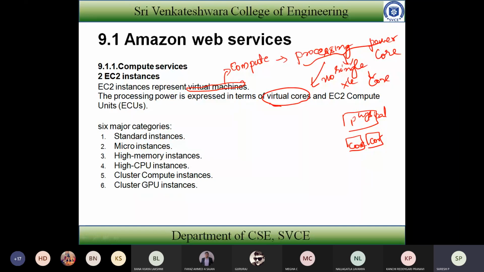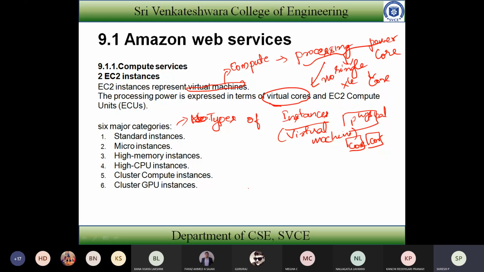The categories, or types of instances: your instances are nothing but your virtual machines. So when you talk about the different types of virtual machines, or different categories of instances which you are going to have.